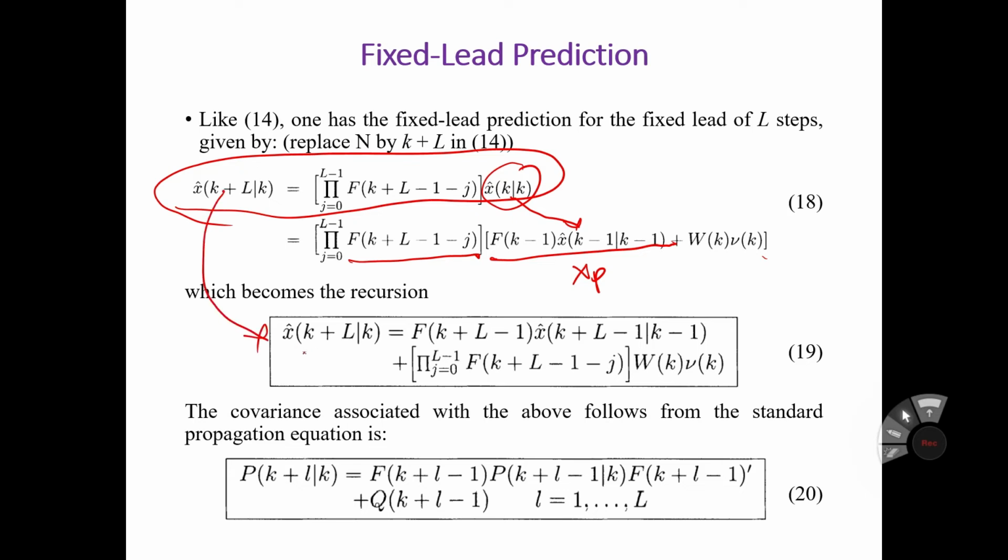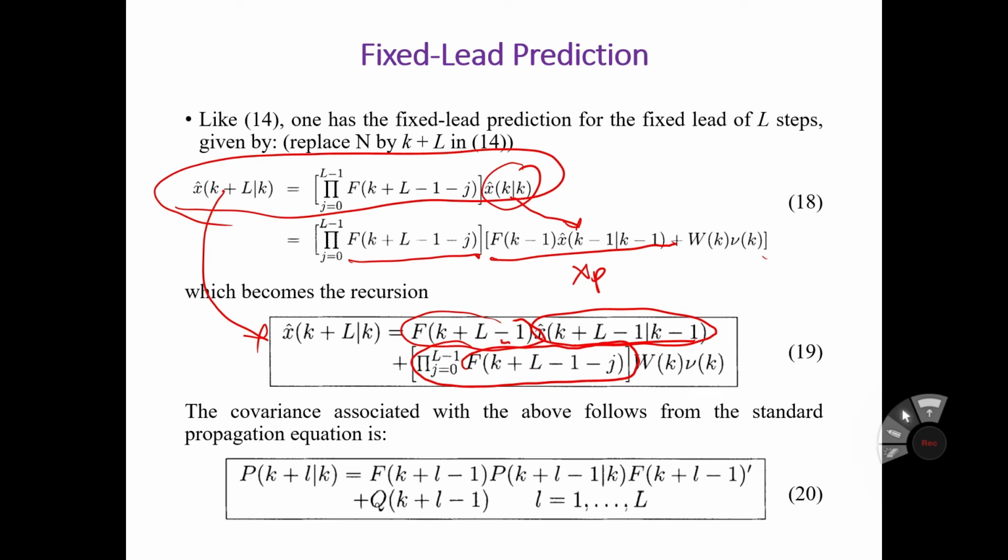The estimate prediction of the state at k plus l conditioned on k equals this thing. So this transition matrix is multiplied with the prediction at k plus l minus 1, and plus this sum of the product of all the values of the state estimate from k up to the leading point.